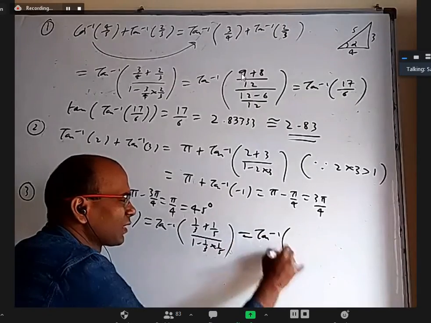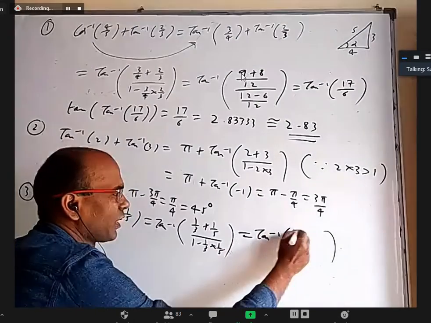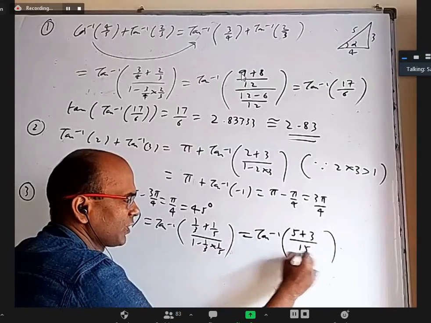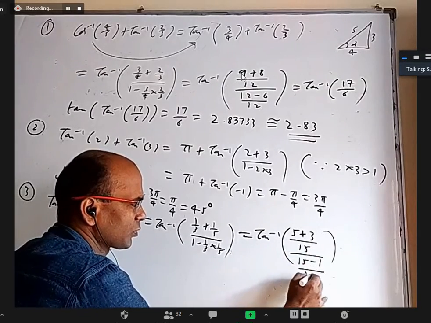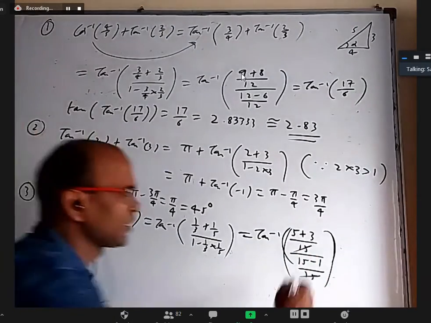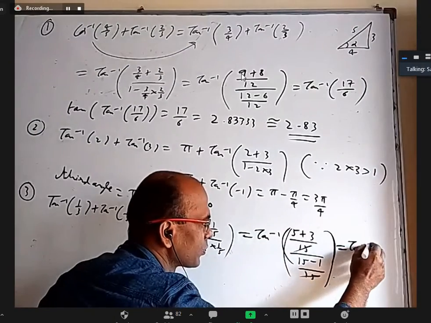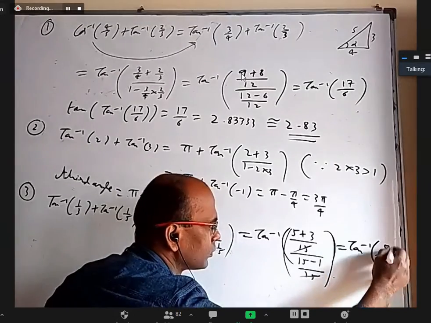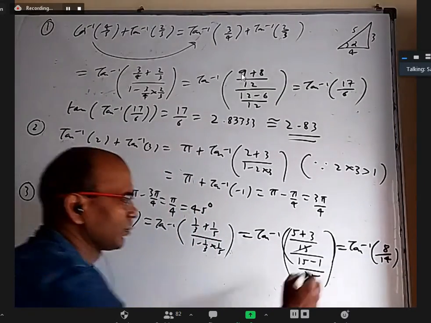You will get tan inverse of (5 plus 3) by 15, over (15 minus 1) by 15. And it will cancel. You get tan inverse 8 by 14, which is 4 by 7.